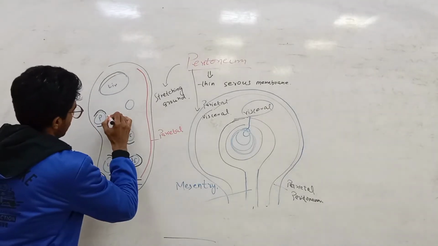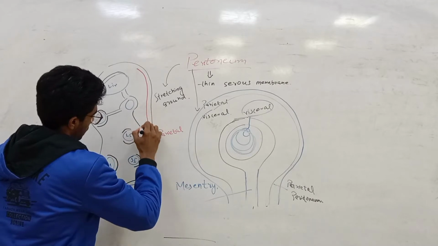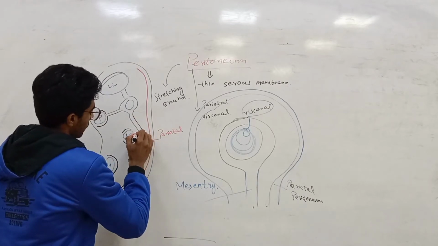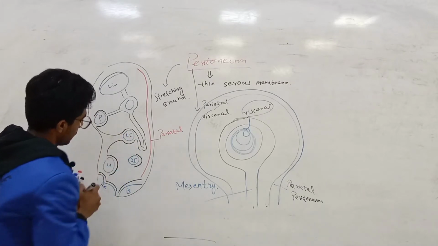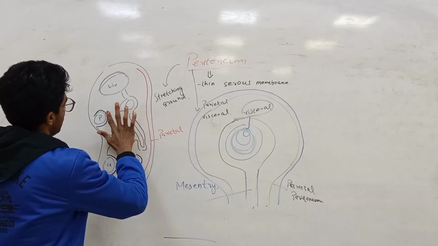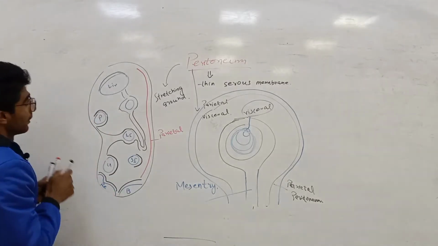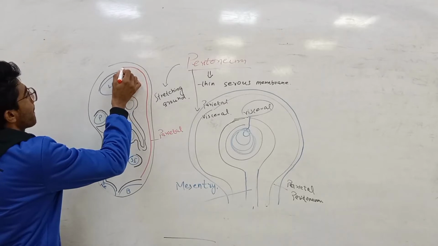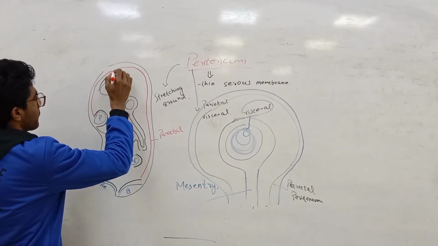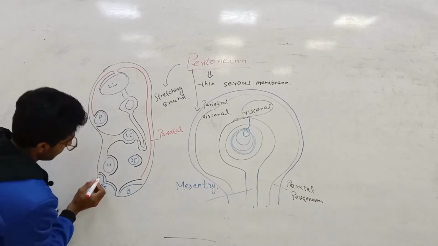And after this, remember, this is our sagittal section area of the abdominal wall, abdominal area, abdominal region.